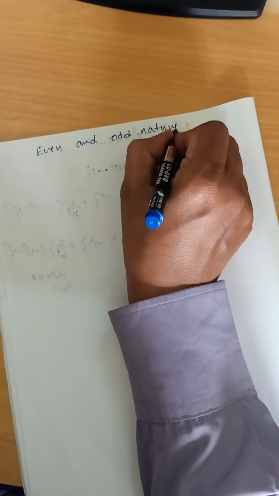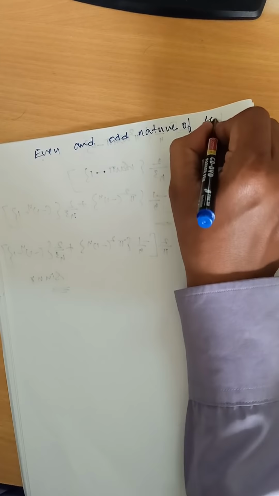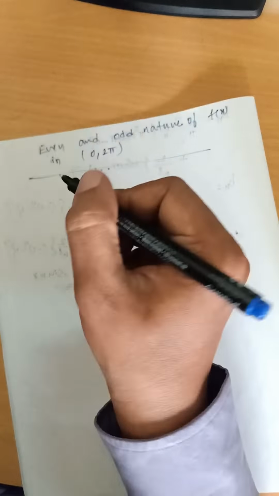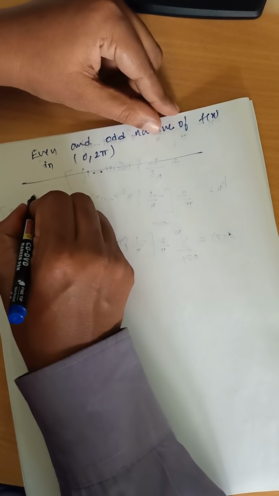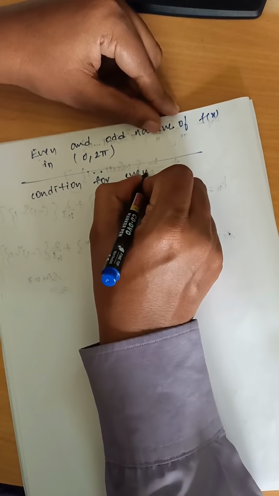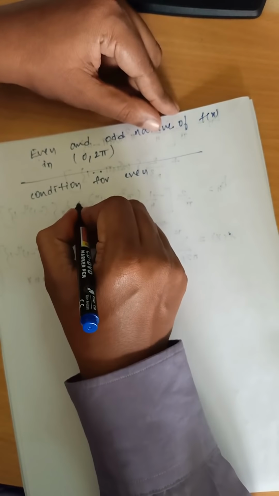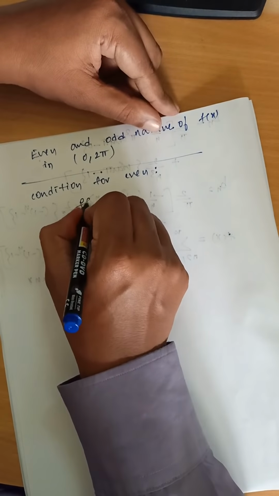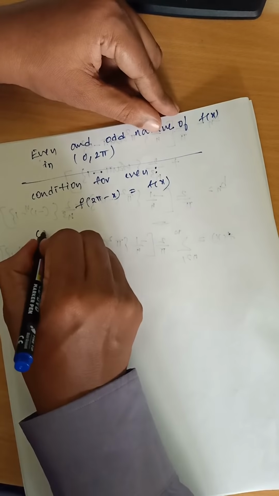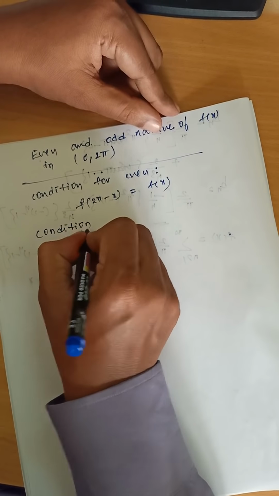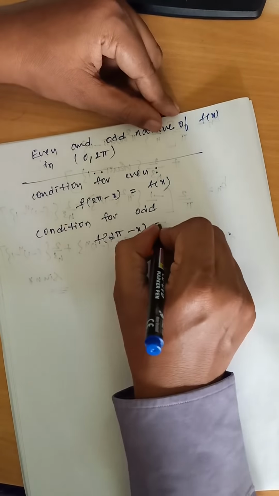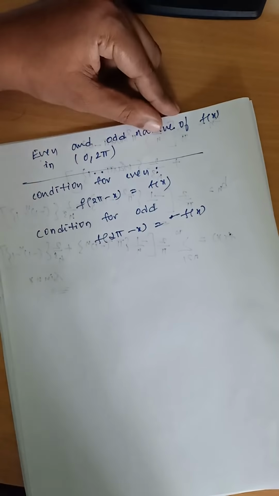Next, even and odd nature of the function f of x in 0 comma 2 pi. Condition for even, that is f of 2 pi minus x is equal to f of x. Condition for odd, f of 2 pi minus x is equal to minus f of x.